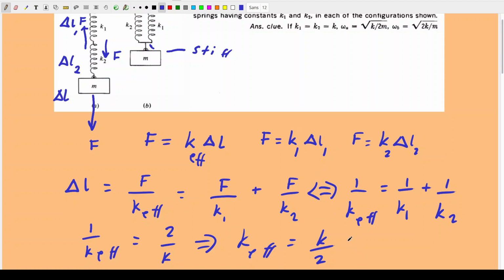And omega would be Kf over the mass, equal K divided by 2m. And this is exactly what you have here. The angular velocity, square root of K over 2m.